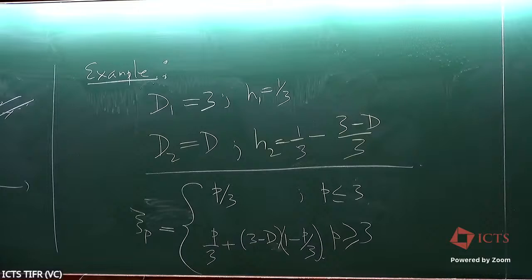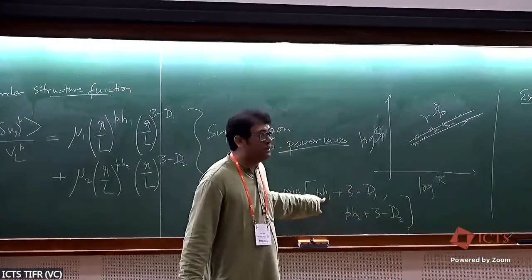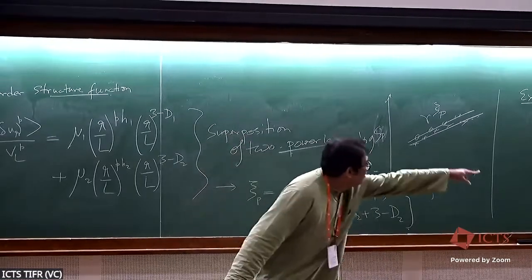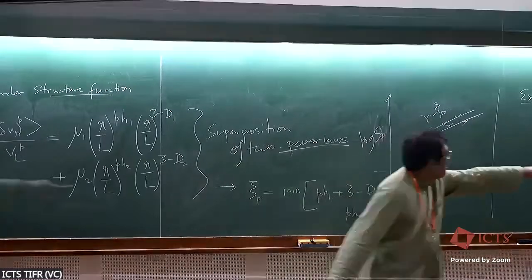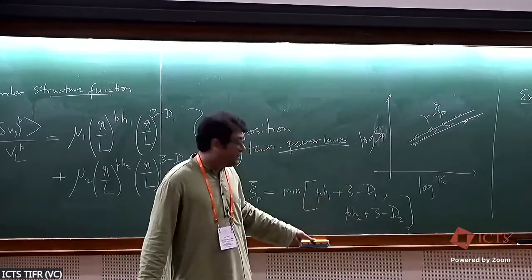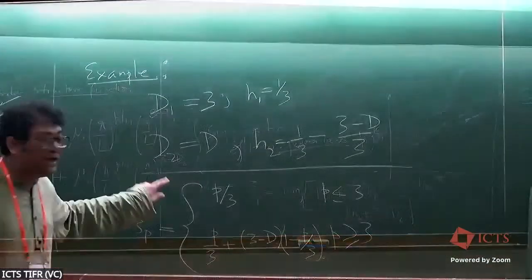I've just taken the min and replaced all those p's and d's with whatever I want. Here I've taken this to be 1/3, this to be 3, so there's no term here. So I'm taking the minimum of p by 3 and p times this plus 3 minus d2. When p is greater than or equal to 3, this one will dominate. When p is less than or equal to 3, the other will dominate.